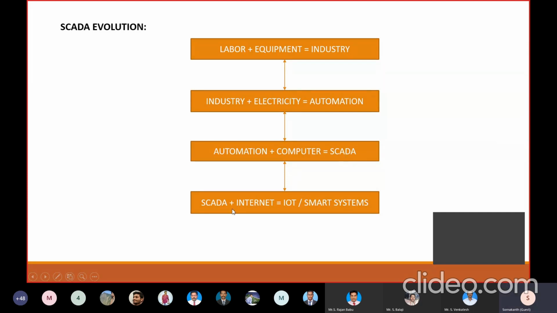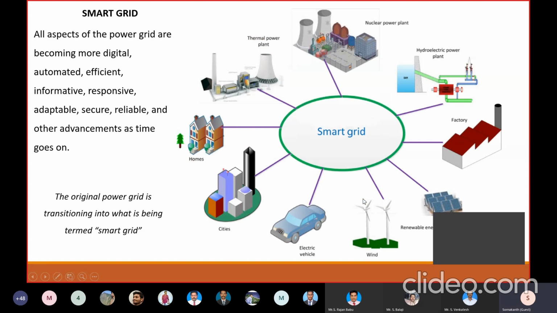From SCADA, it is now connected over the network, which will lead to IoT, the Internet of Things, or smart systems. In our electrical system, a smart grid system is evolving. This is how SCADA evolved, and it is still evolving day by day with a greater extent of information and reliability. Then we'll go to the smart grid.